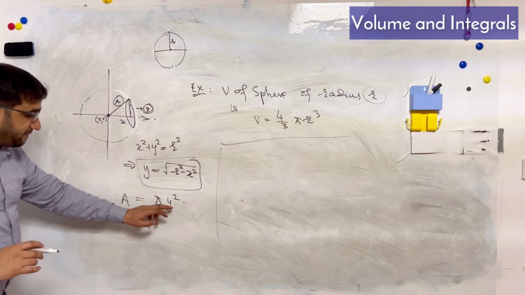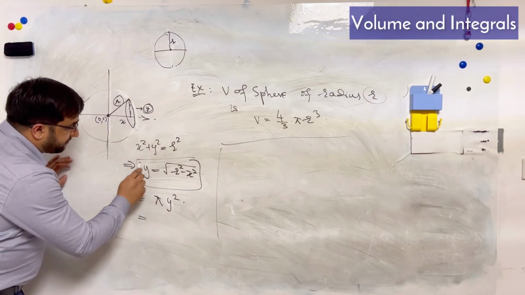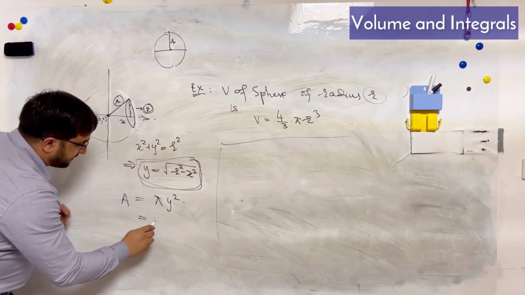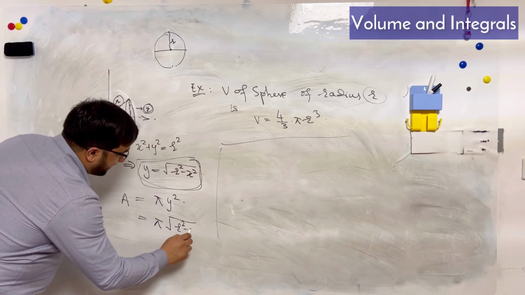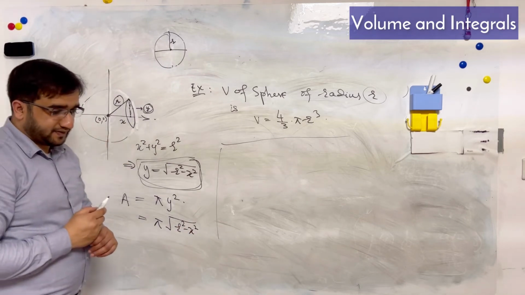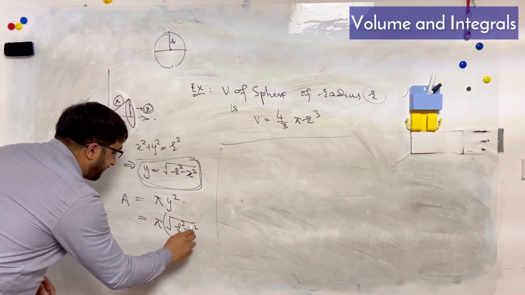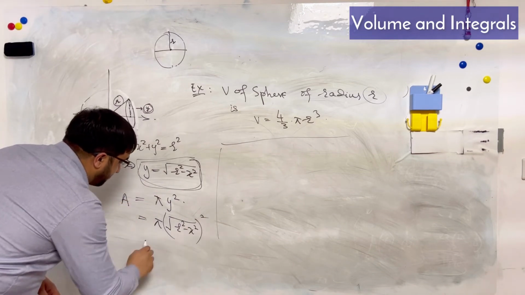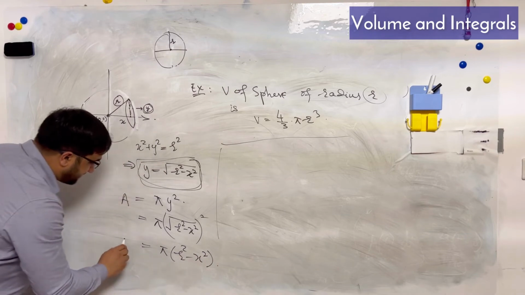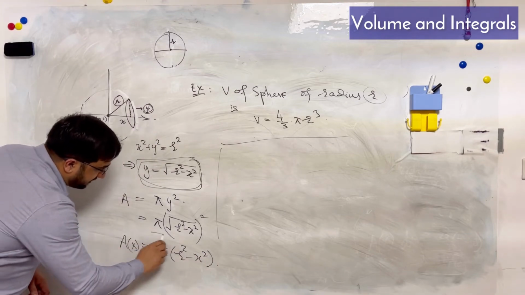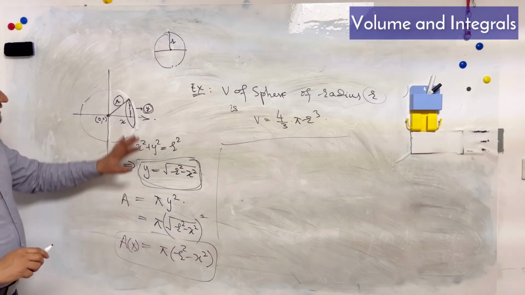When I replace this r with y, I have the value of y, so I can put it there. It will become pi times under the root r square minus x square, whole square. The square cancels the root, so it becomes pi into r square minus x square. Now this is the area function for this whole ball.